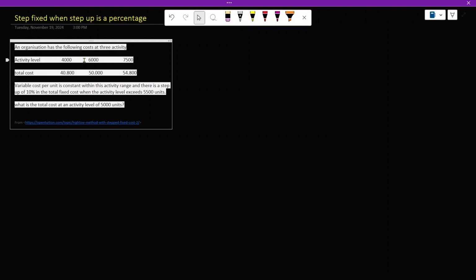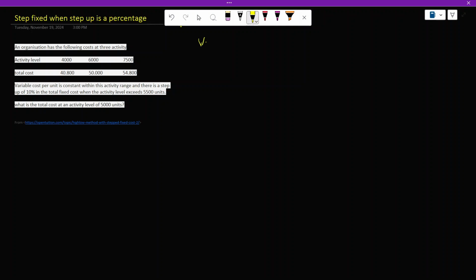So what we are going to do is that previously we used the activity levels that are above 5,500, that is 6,000 and 7,500, and their associated total costs to do the calculation. So let's start.